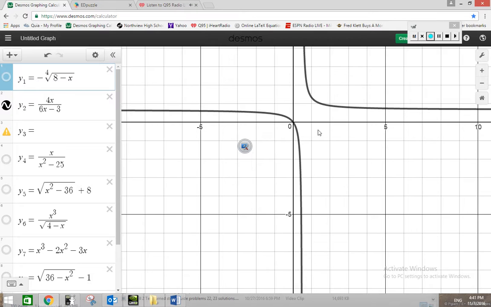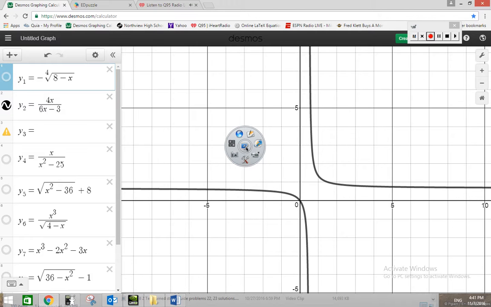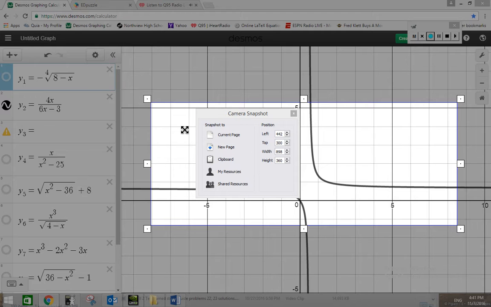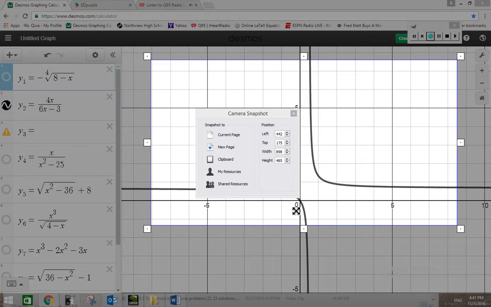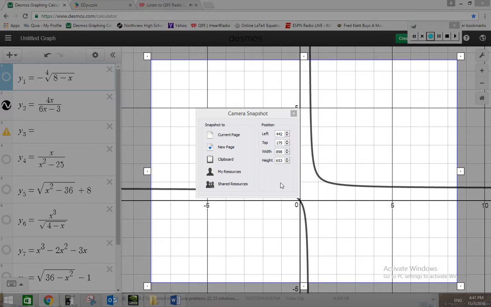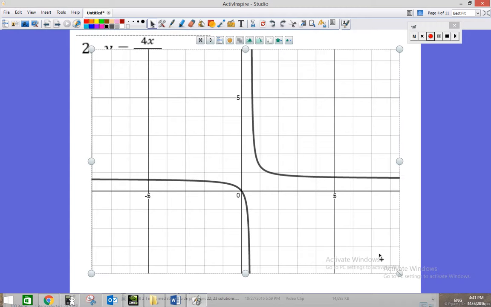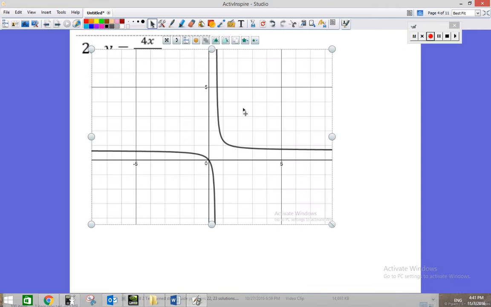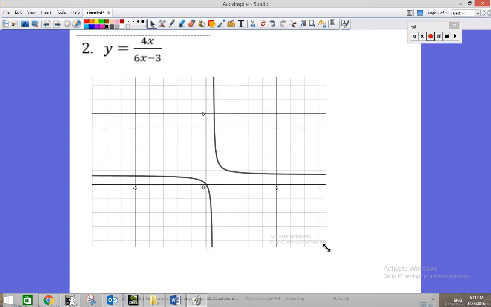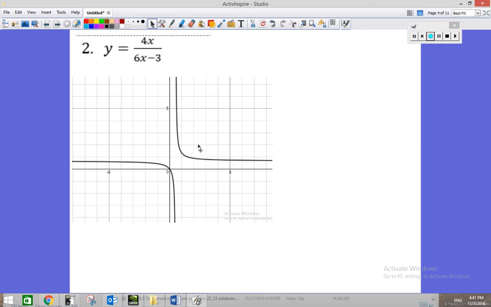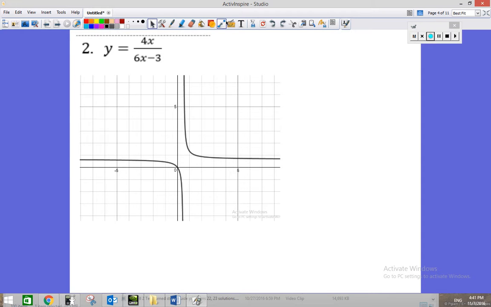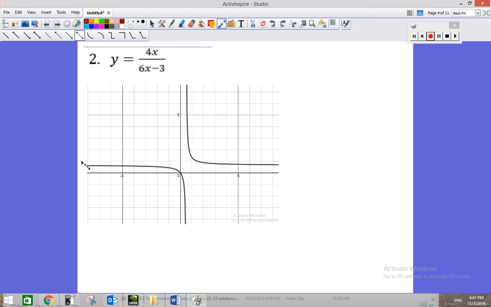I've got problem number 2 here, and if I cut and paste my picture, alright, I have to figure out a way to illustrate to you that the range is not all real numbers.